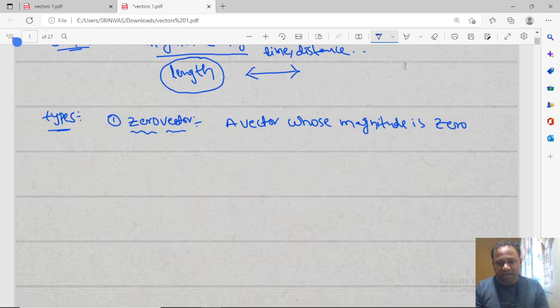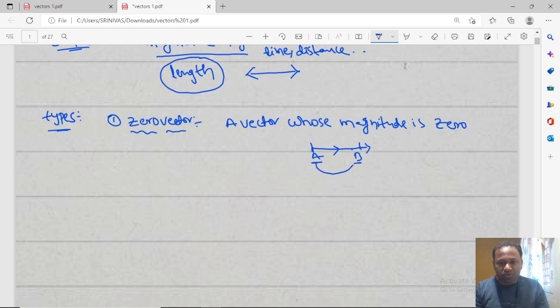Or generally, for example, if we take the vector like this, this is A and this is B. This is the direction. This is called the initial point and this is called the terminal point.